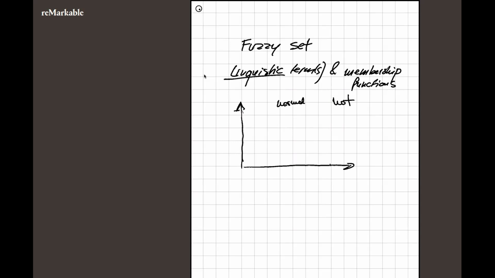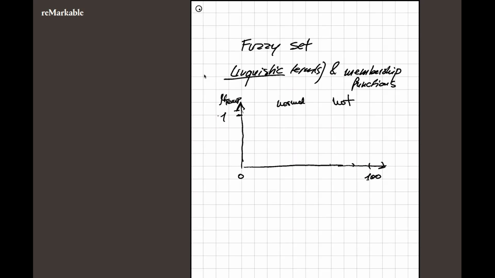And to define the fuzzy set, you need to define a range of possible values, say from 0 to 100. And then you need to define a membership function. And the membership function for temperature or for any linguistic term is always bounded between 0 and 1.